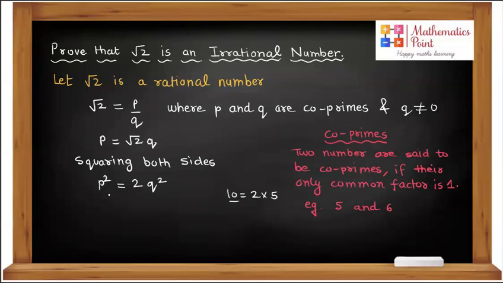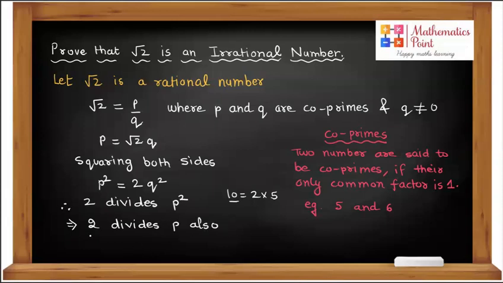So in the same way, when I say P square is equal to 2 into Q square, it means 2 divides P square, right? Now, when 2 divides P square, it implies that 2 divides P also, correct?